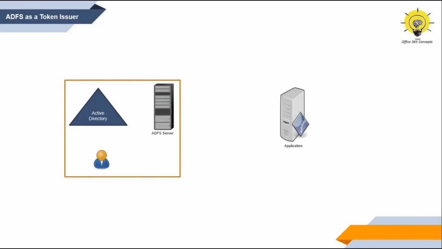When an application contacts ADFS, ADFS reaches Active Directory to get the user authenticated. Once the user is authenticated, Active Directory returns certain claims to ADFS. Then ADFS constructs a token, includes the claims within the token, and sends that token to the application.